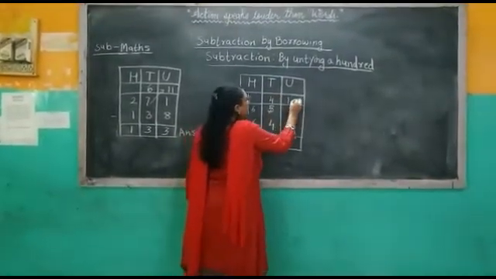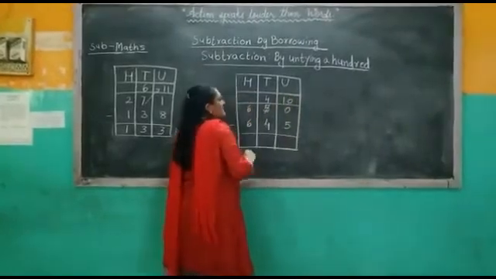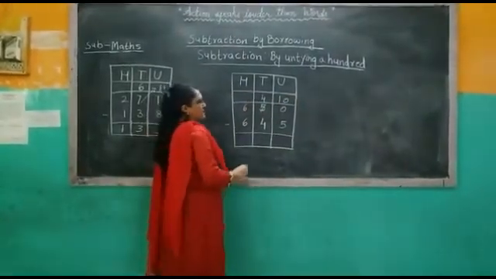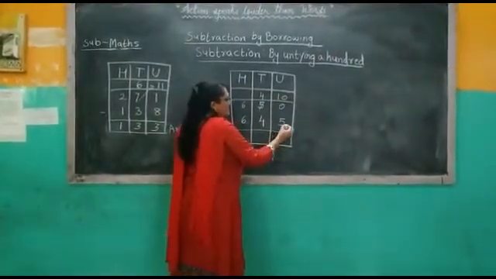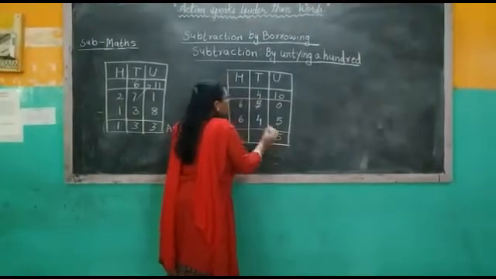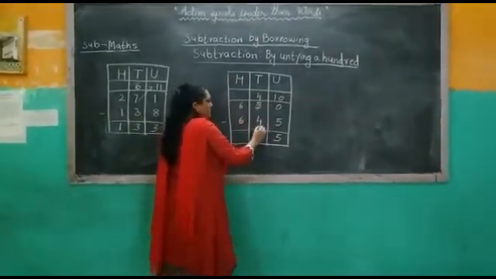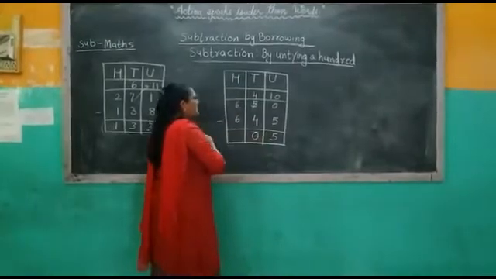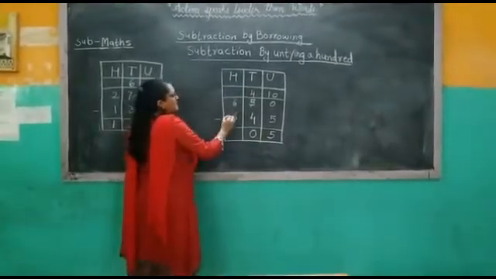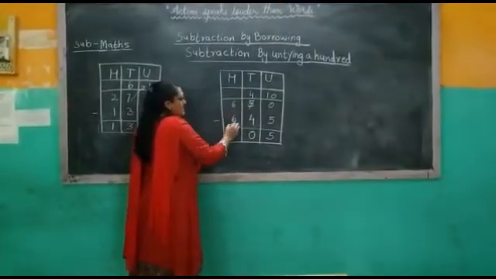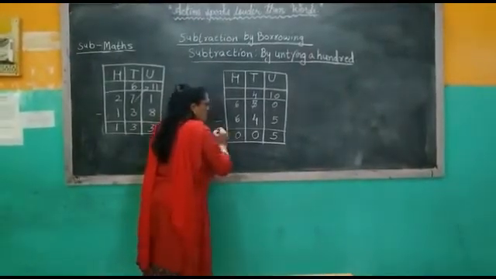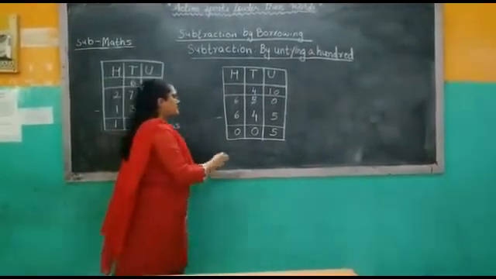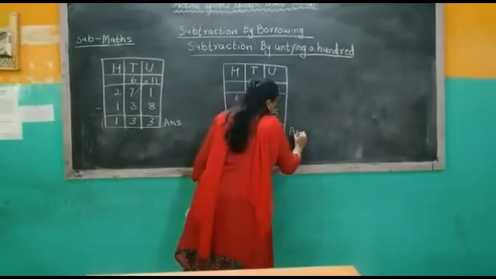And again this 10 we will write in the unit place. Now 10 minus 5 is equal to 5. 4 minus 4 is equal to 0. And here also in the 100 place, 6 minus 6 is equal to 0. So your answer is only 5.